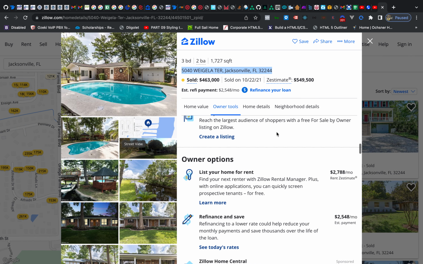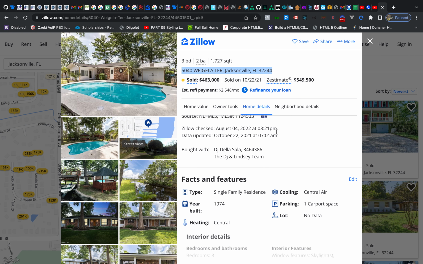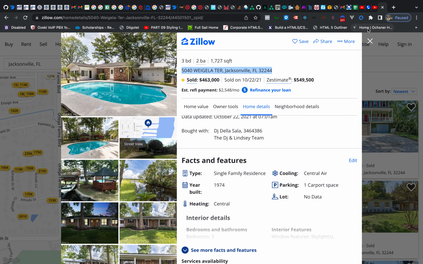Let's look at the lot size. They have no data for that either. Okay, terrible.